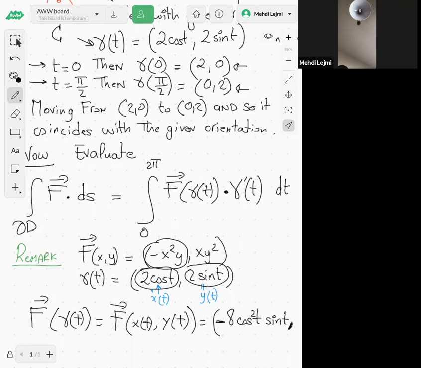And then x y squared: x is 2 cosine and y is 2 sine, so x y squared will be 8 cosine of t sine squared of t.